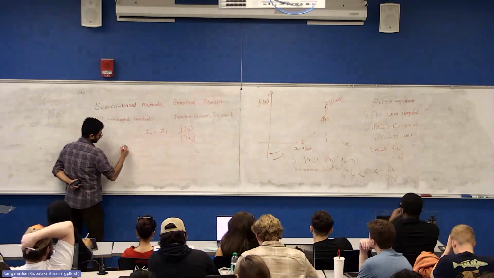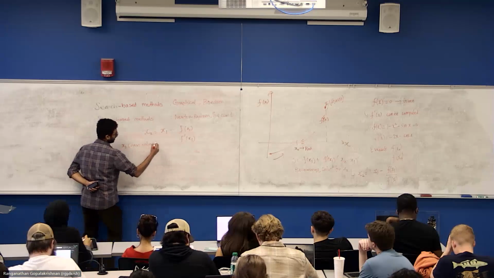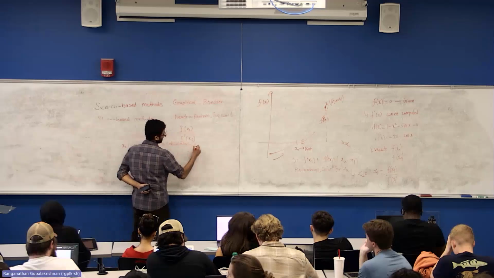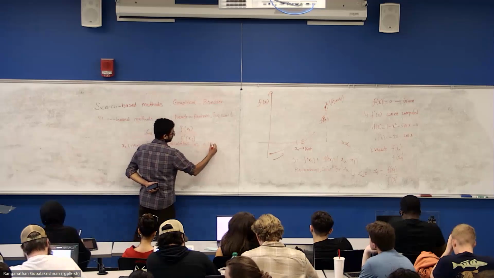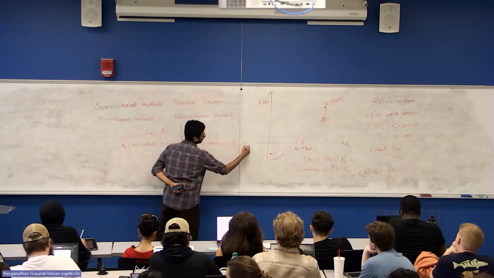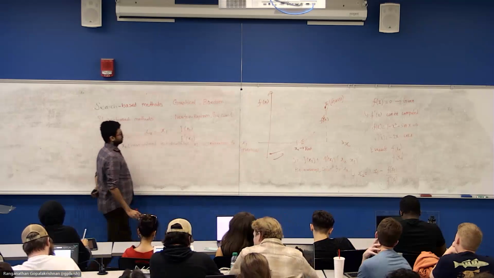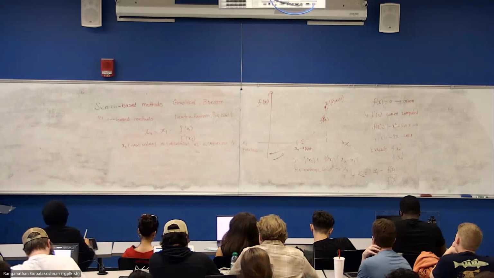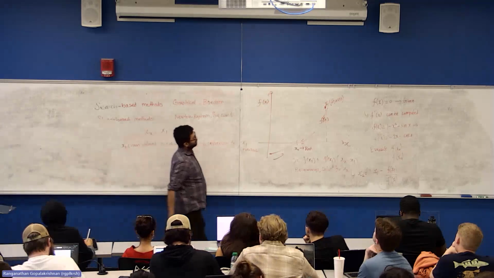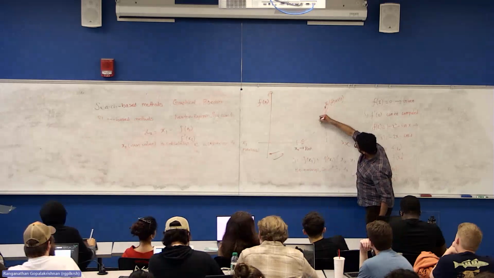So x2, the next value, is calculated as a correction to x1, the previous value. So let's say you are here. This correction takes you to, let's say, over here.